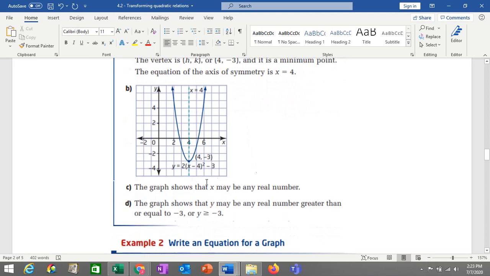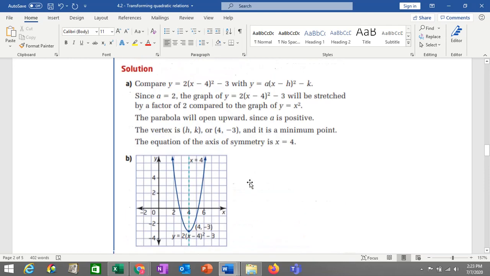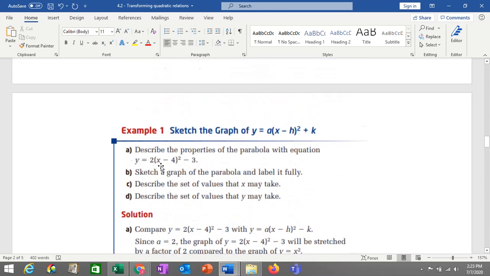Okay, so the graph shows that x may be any real number. What does that mean? Well, it means that you can plug in any x value you want into the equation, and it will work. So you can kind of just see that if you have this equation, there's no dividing by 0, there's no square roots, there's nothing weird in here. So you can plug in any x you want. You can plug in 1, 2, negative 7, pi, 15, root 2, whatever you want.